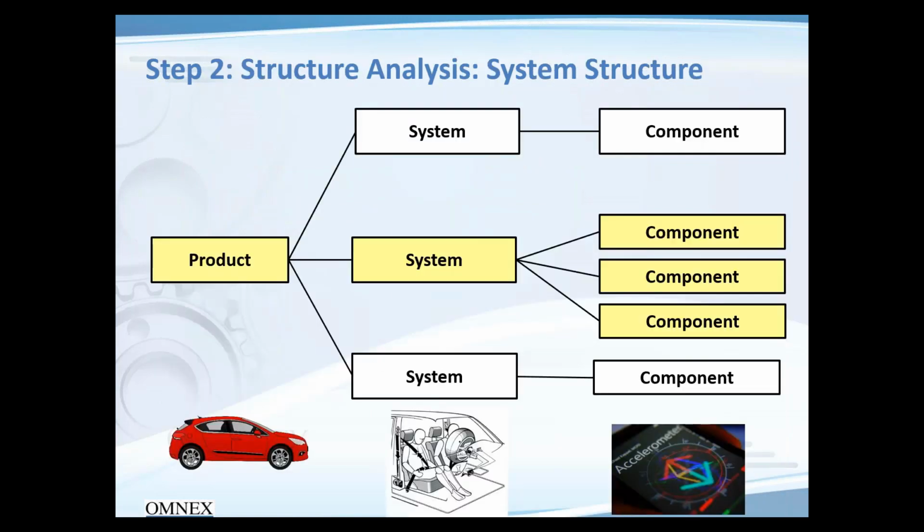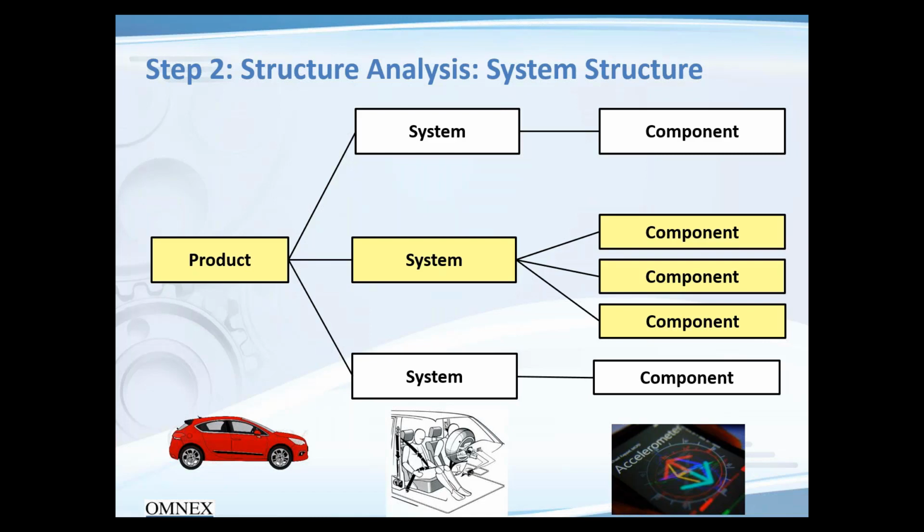A structure diagram basically starts out with the system level product, which in this case would be a car. Then it would go to the subsystem, which could be, in this case, an airbag, if we look at the graphic at the bottom of the page. And then it gets broken up into components.